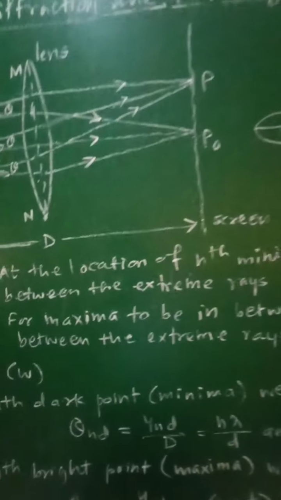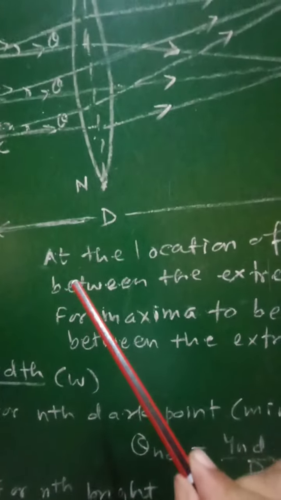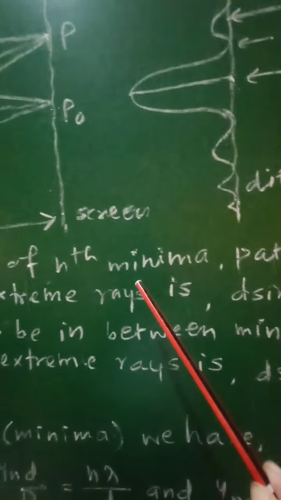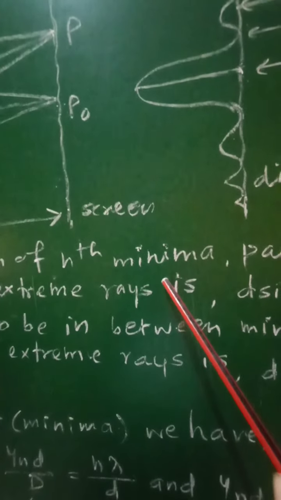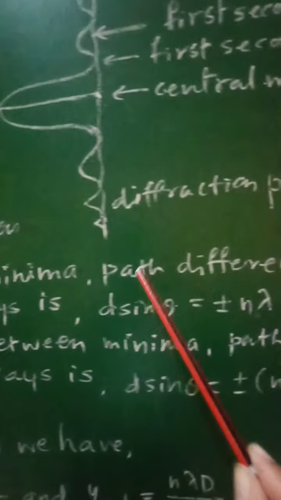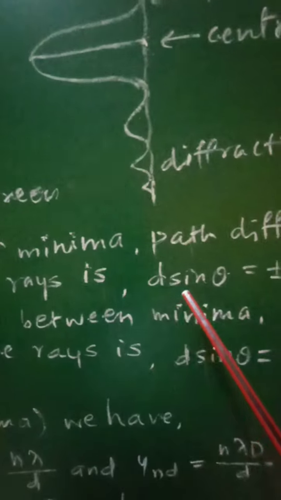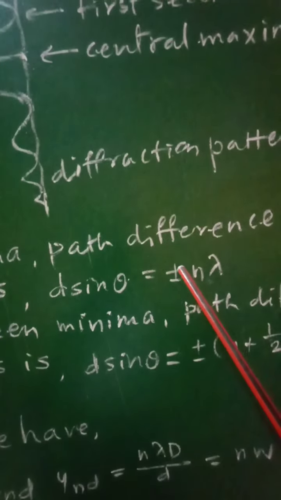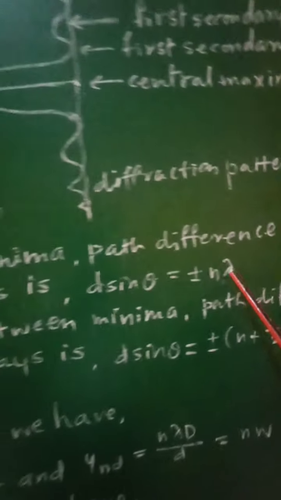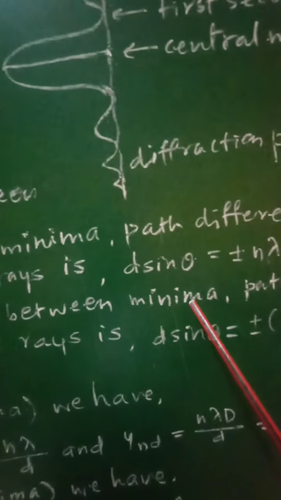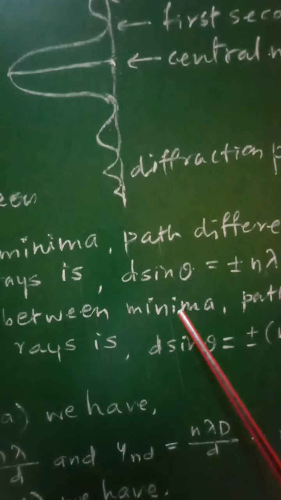So from this it is clear that at the location of the nth minima, that is a dark point, the path difference between the extreme rays is given as d sin theta equal to plus or minus n lambda. Similarly, in between the minima there will be maxima.